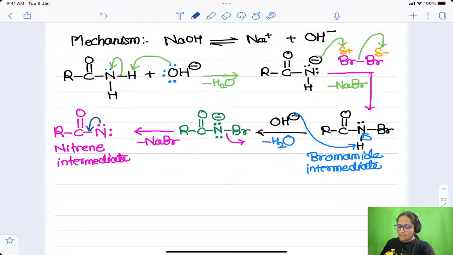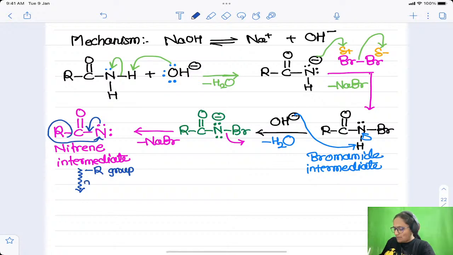And then this nitrogen, previously it was having two lone pairs of electrons, but one it has given, so it is needing electrons. So the R group, along with the bonding pair of electrons, takes both the bonding electrons and gets shifted onto nitrogen, right? Therefore this is called a rearrangement reaction. So what is rearranging? The R group rearrangement.